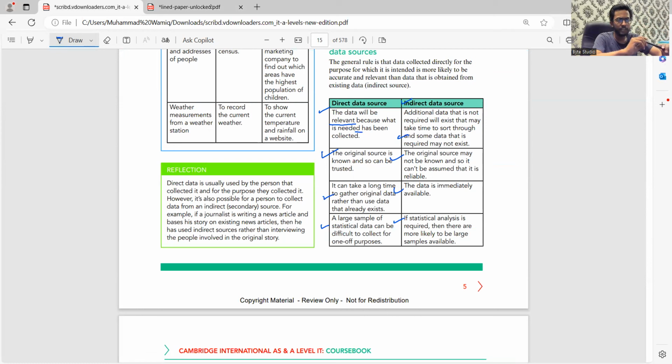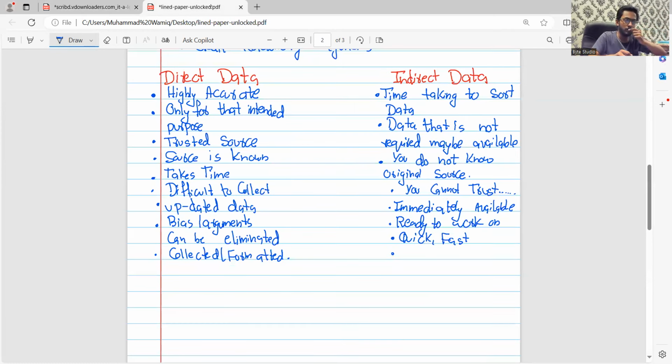So if you are working on statistical options, it might create a large number of samples, because that data is secondary. That data is not being used for that intended purpose.